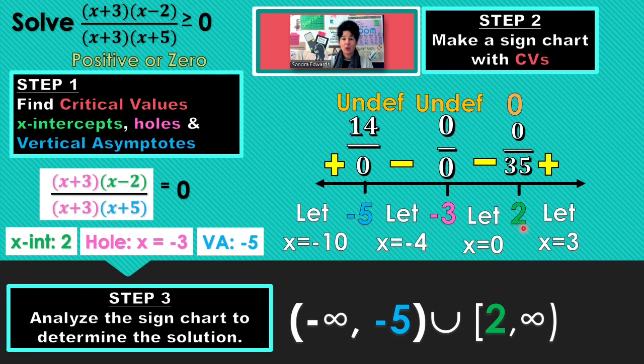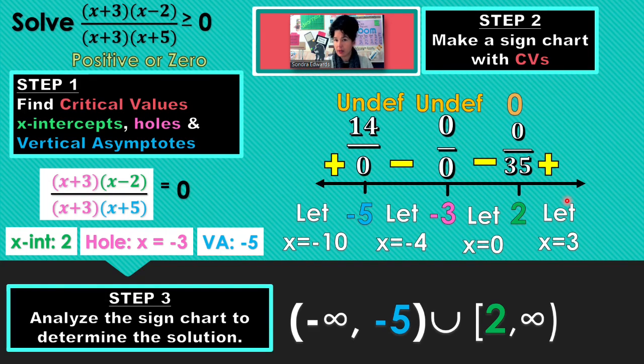Okay, so quick recap one more time, just make sure you have this down. Step 1, move everything to one side of the inequality symbol. Then you're going to find the critical values by changing that to an equal sign and thinking of it as finding x-intercepts and holes and vertical asymptotes, which really amounts to any x that makes the numerator equal 0 or the denominator equal 0 is a critical value.